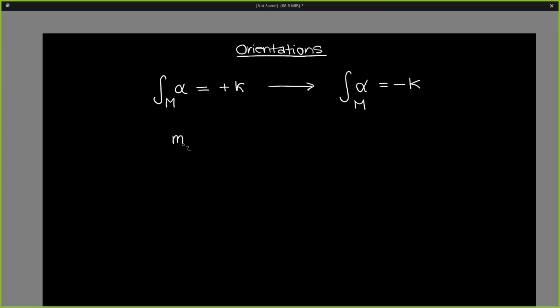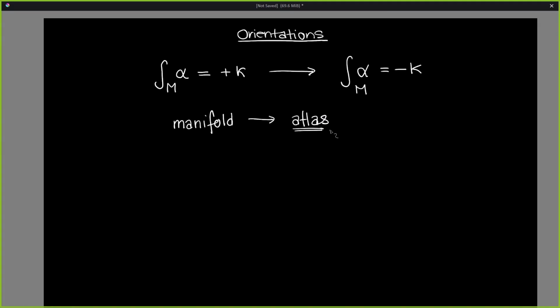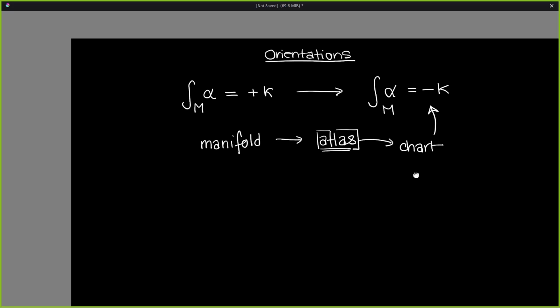So our manifold has an atlas, right? That's what makes it a manifold. So this atlas needs to be consistent in a certain way. The charts on this atlas need to agree on the value of this integral, whether it's positive or negative.